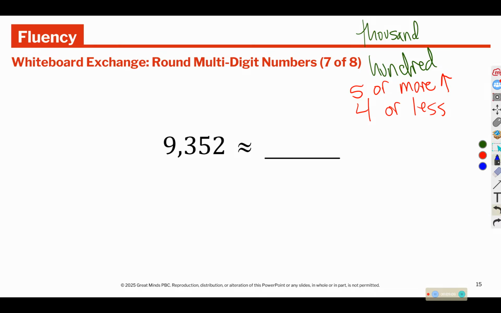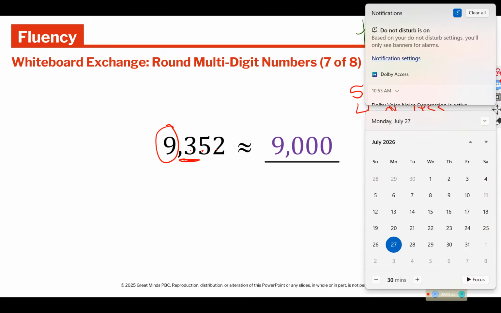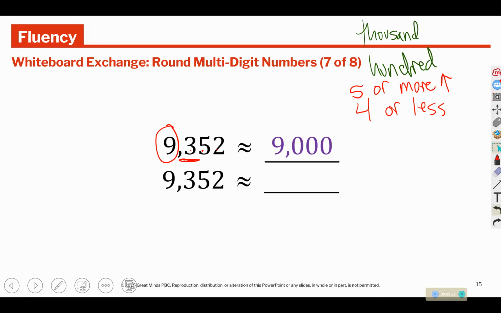We're rounding to the thousands. The 3 is 4 or less, so the 9 gets to stay at rest, and then these 3 turn into zeros. Rounding to the hundreds.